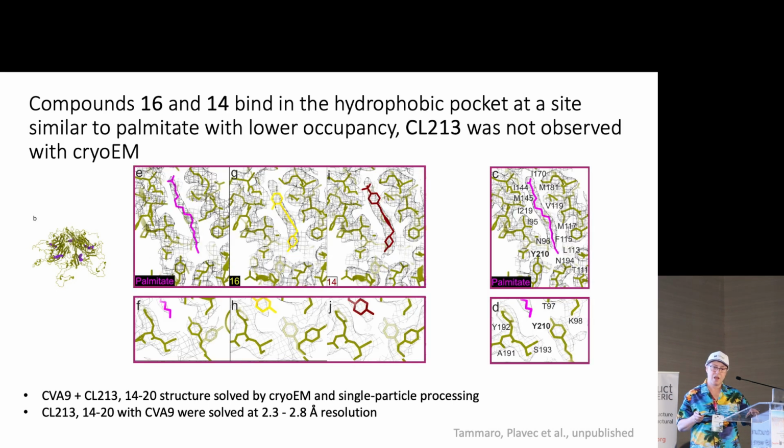Then with 16 and 14, there we see that we again have this partial occupancy, and now we have even lower occupancy than with the first compounds. And so we're seeing a gradation of the occupancy.